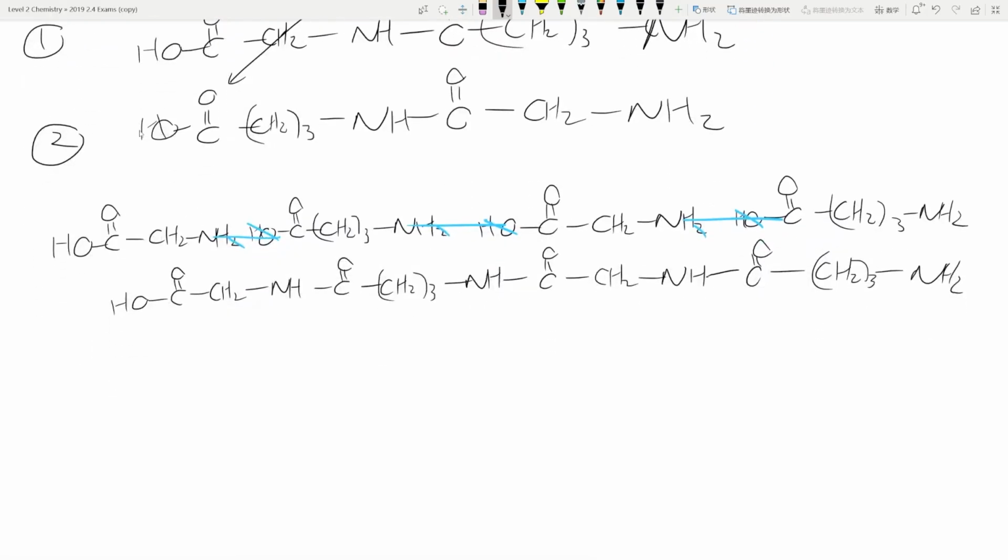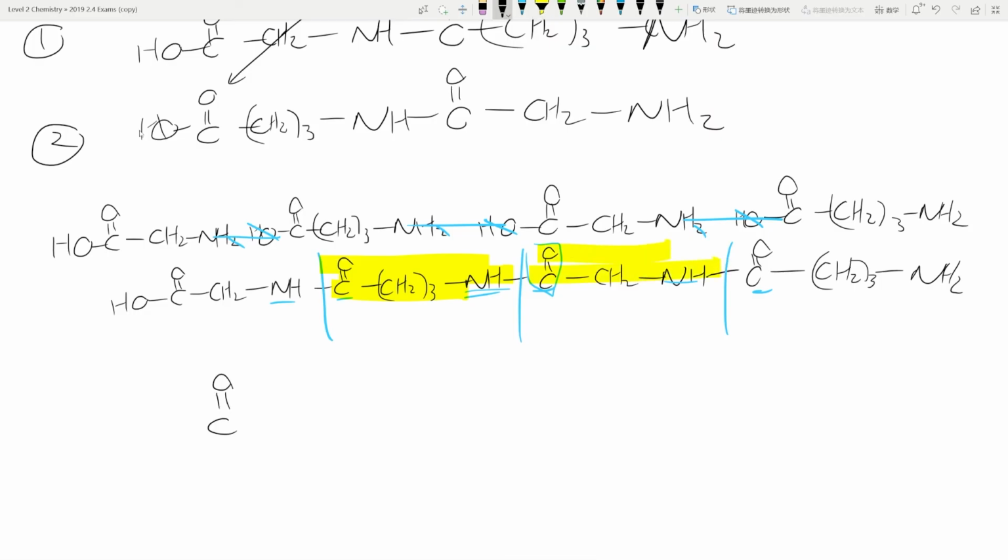Now, if you want to do the repeating units, same thing, grab a pen, and we're just going to cut the CN single bond, cut the CN single bond, cut the CN single bond. Remember, it's a C double bond O, single bond NH, and then this stuff in the middle, these are being repeated.